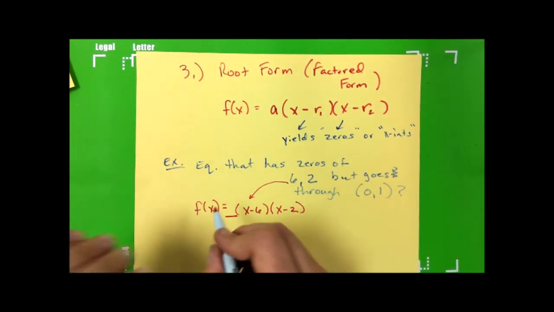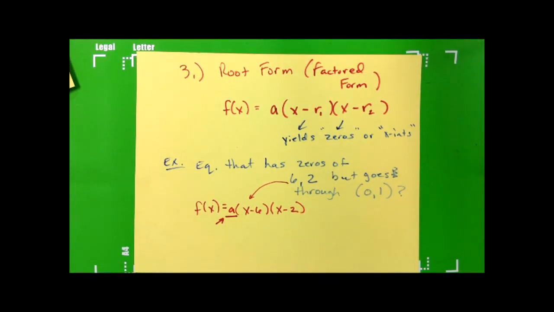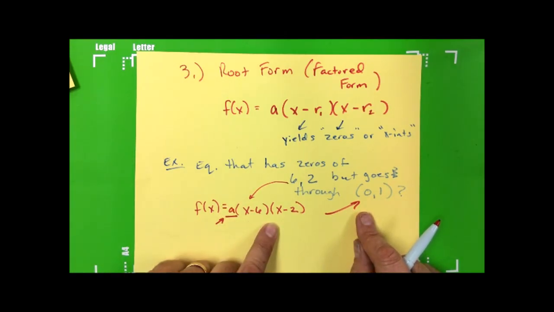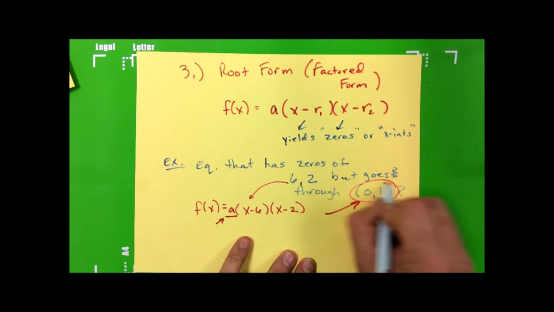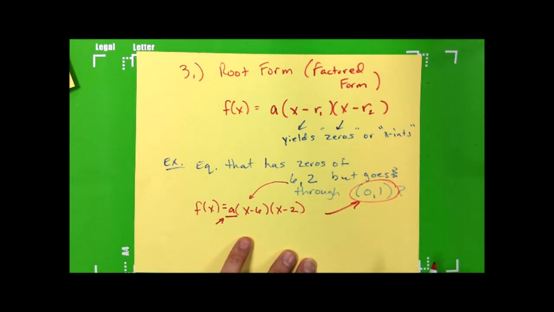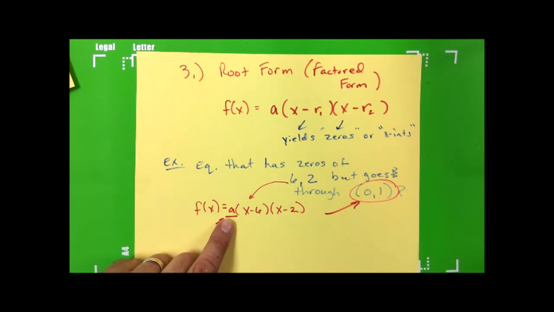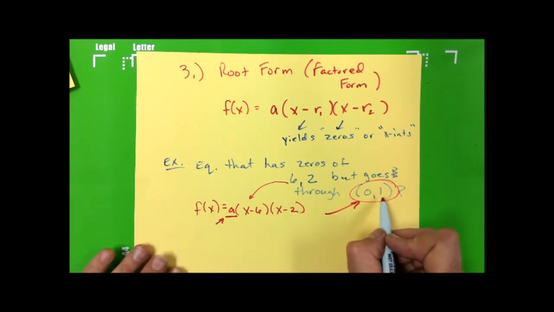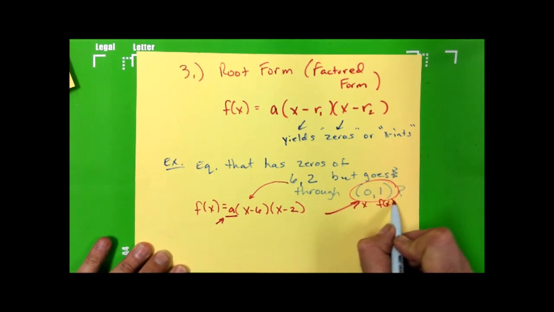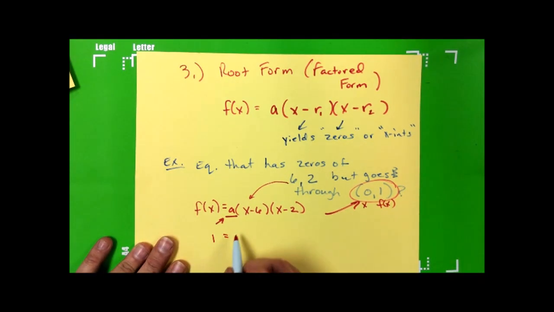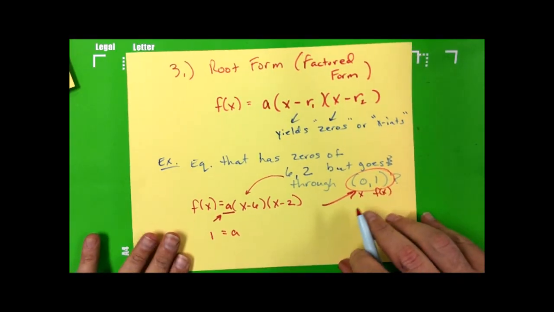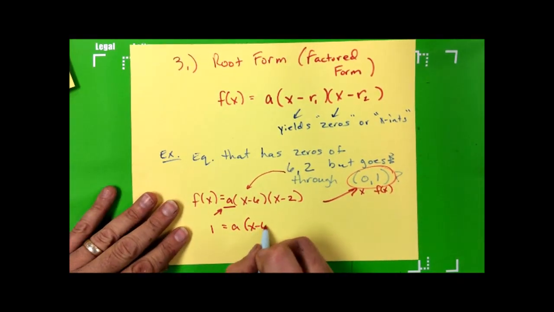However, I need a particular a value that will perform the right stretch, the right scaling for it to go through that point. You follow? How do I find out what a is? I do the same thing I just did a while ago, don't I? I plug this in for my x, this in for my f of x, and I see what a has to be in order for it to actually go through and grab that point.